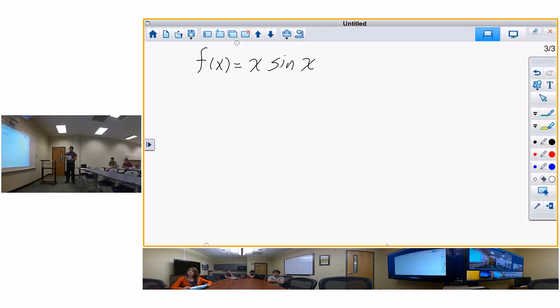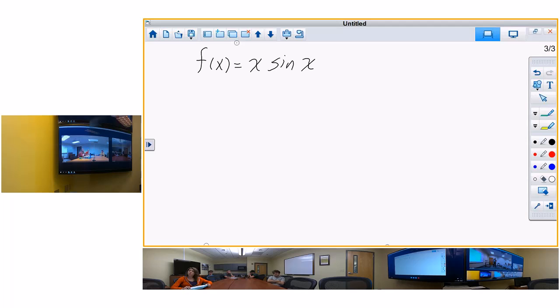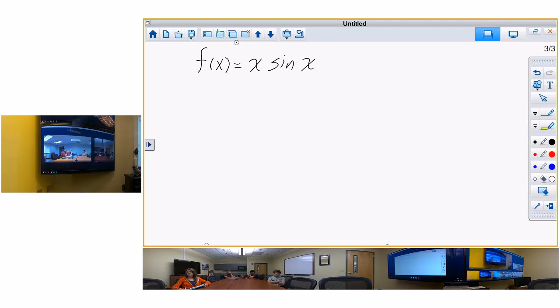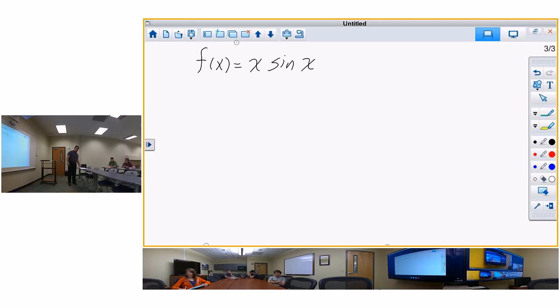How many? 1, 2, 3, 4, 5, 6, 7, 8, 9, 10, 11, 12. It looks like 12 sections, but basically we're going over about 6 sections, because this book just draws everything out, and we're really not going over a lot of stuff that you haven't seen before. So just bear with me.